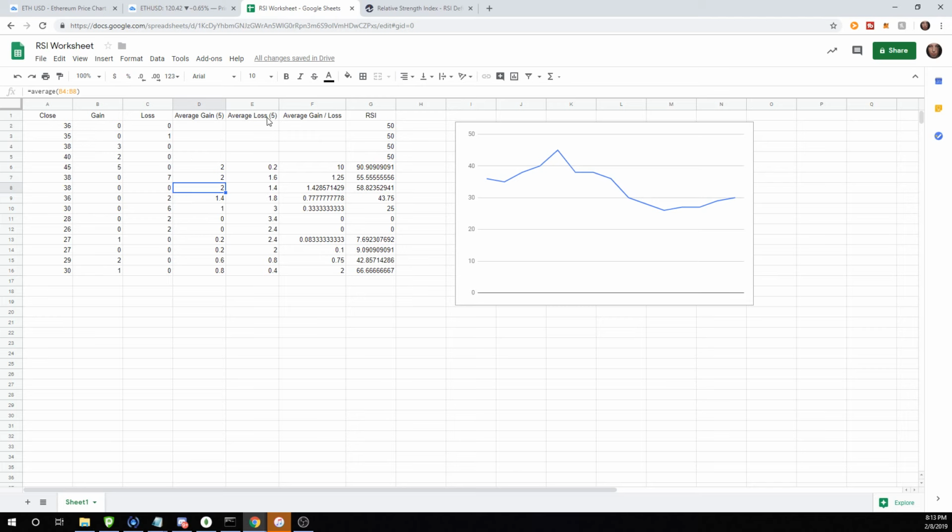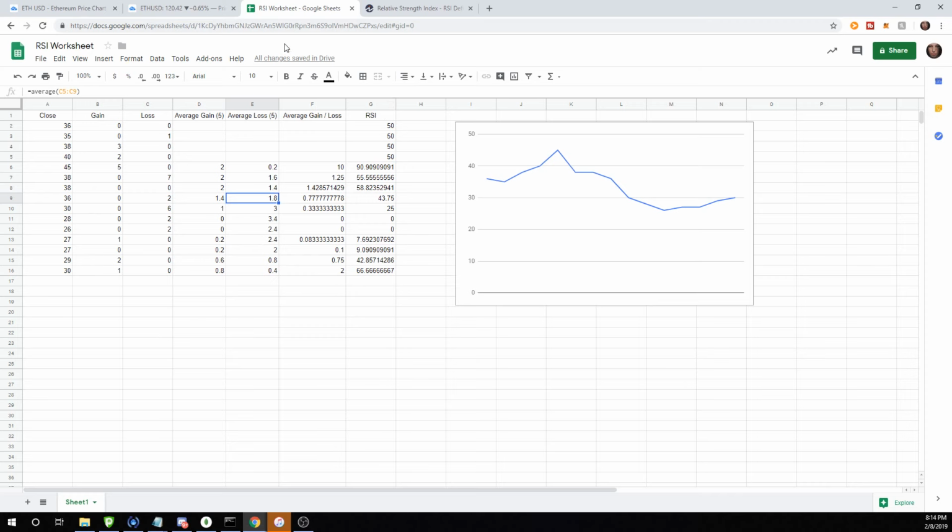Then we do exactly the same thing for the average loss. That's this here. We're taking 5 back, averaging it out, 5 back, averaging it out. Again, C3 to C7, C4 to C8, etc.